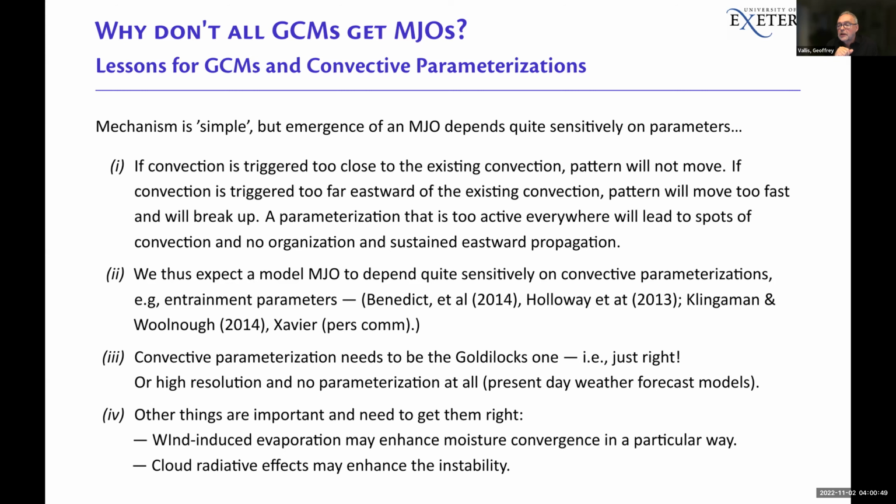It seems to be a little bit of a black art in tuning them. So yeah, I'm sort of agreeing with you in a way that we are perhaps a little bit lucky in that the real atmosphere gets one, and some GCMs seem to get it and some don't. Thanks.